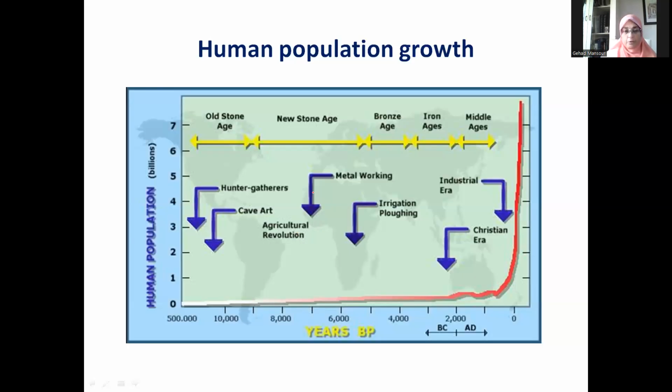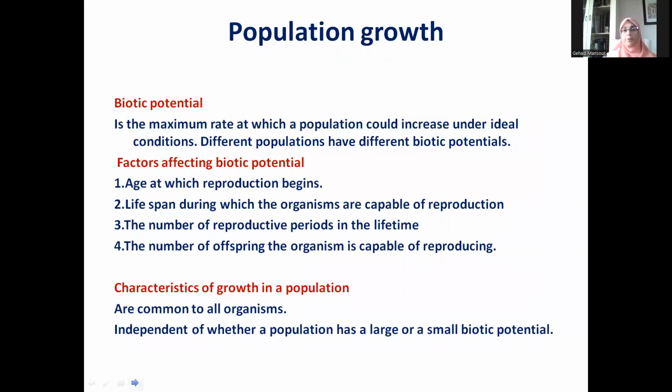And then we move on to the next slide, which is the biotic potential of the population growth. What is the biotic potential? The biotic potential is one of the characteristics of a population, and it is the maximum rate at which the population could increase.